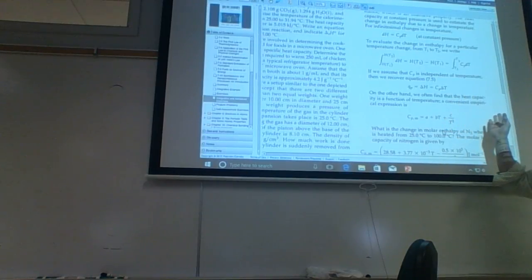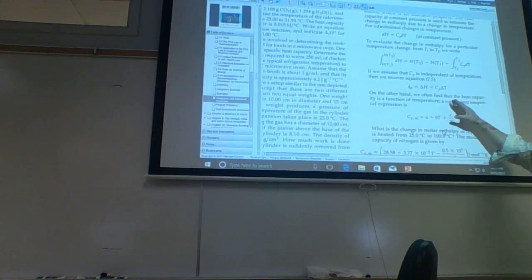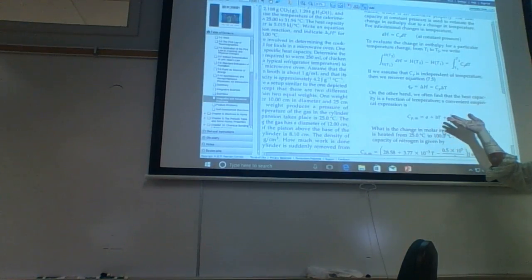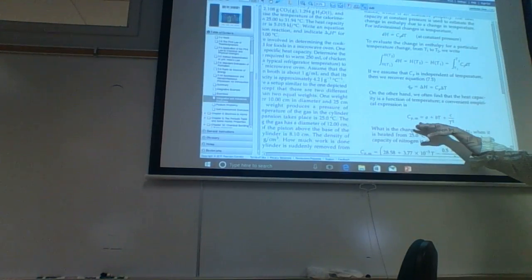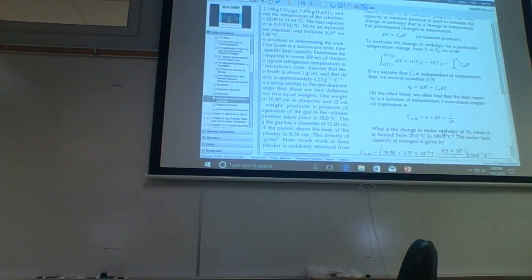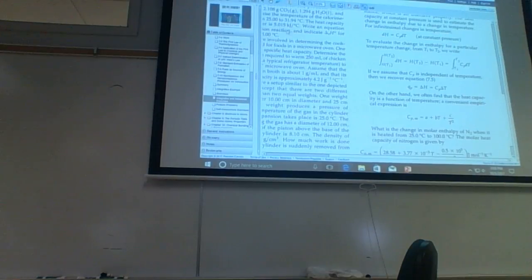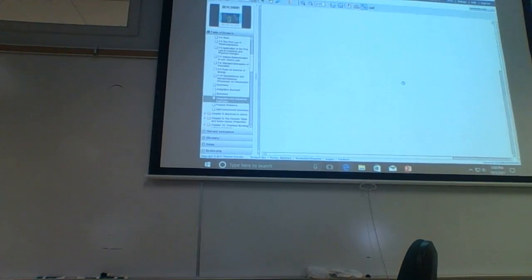If we really wanted to do this problem correctly, to find how many joules it requires, we would have to use the temperature-dependent equation rather than just saying it's 4.18. I talked about this equation, and we looked at the temperature-dependent one for water as a review of chapter 7.